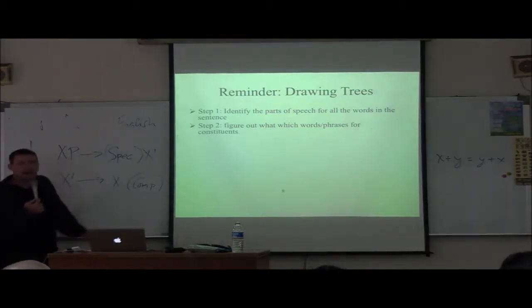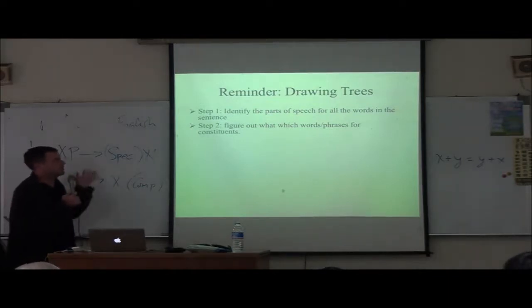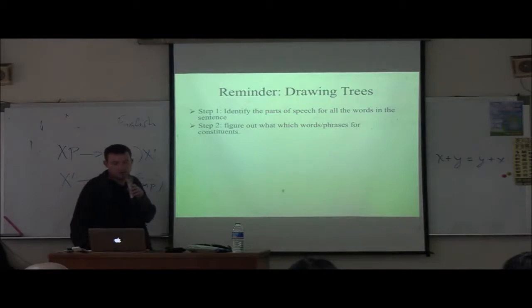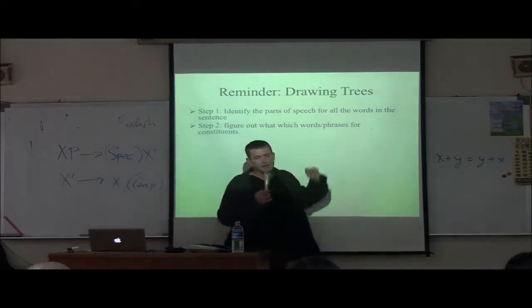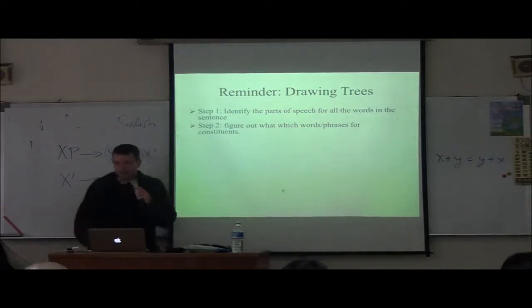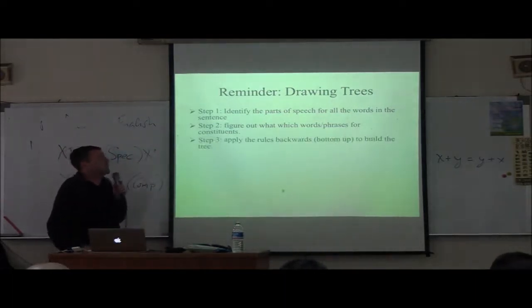While you do that, or after you do that, you determine which words or phrases form constituents. Then you can apply the rules backward to build the tree. And so N is the daughter of an N bar.